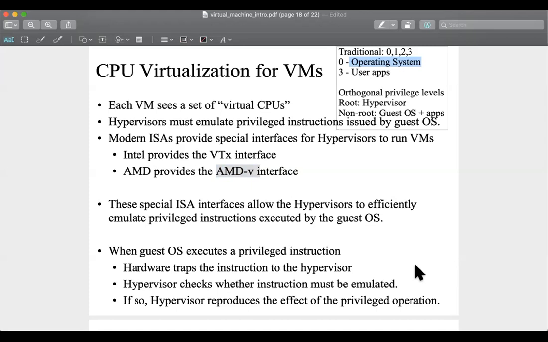So let's say you start a VM, and in the root mode of the hypervisor, that VM would be running in level 3, right?